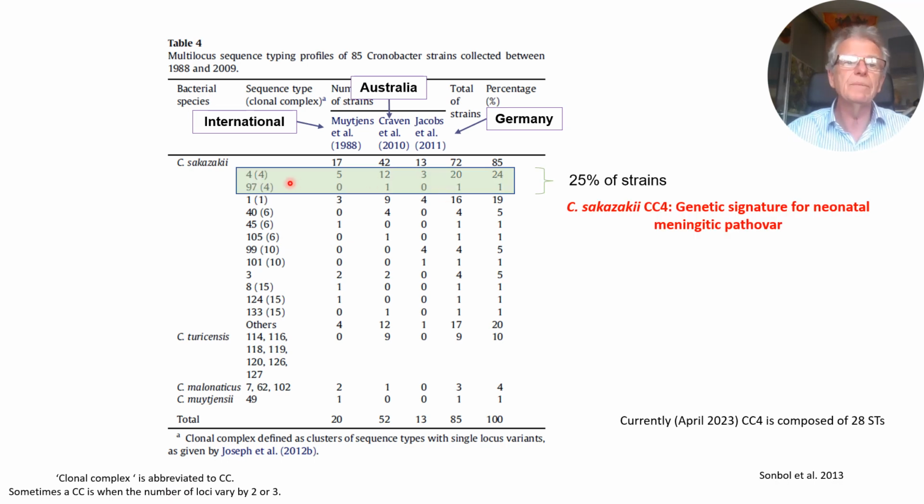And what we find is that 25% of those strains were the Cronobacter sakazakii sequence type clonal complex 4, which, as I said, is the genetic signature for neonatal meningitis. Currently, there's about 28 odd sequence types which are in the clonal complex 4.